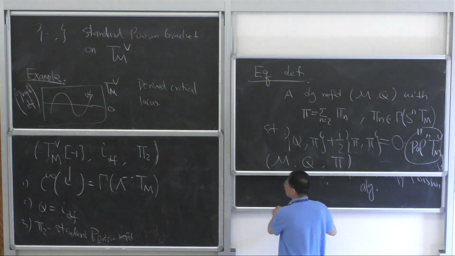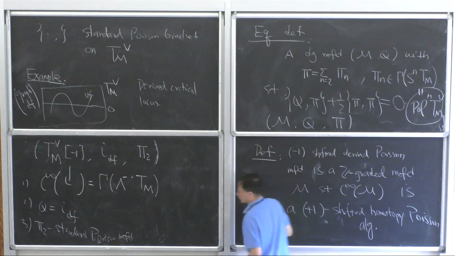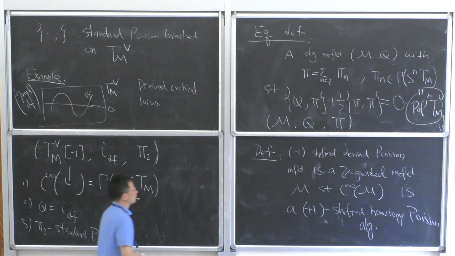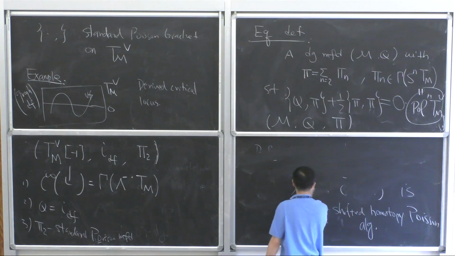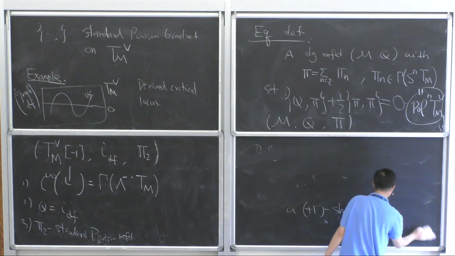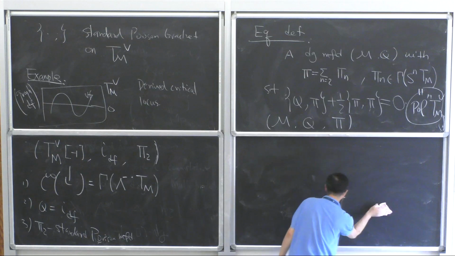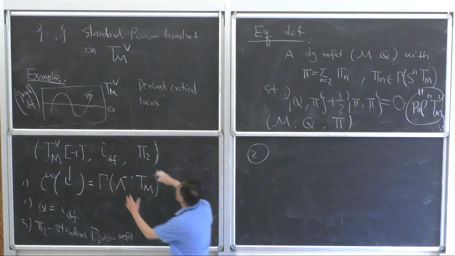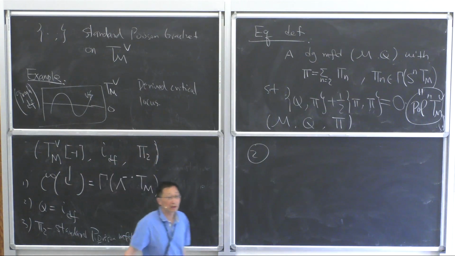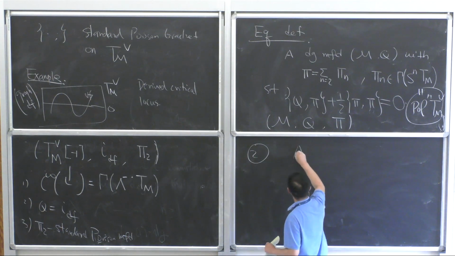For those who are familiar with Lie algebras, you can extend this a little bit. Instead of a tangent bundle, you can take any Lie algebra. So you choose A as a Lie algebra.